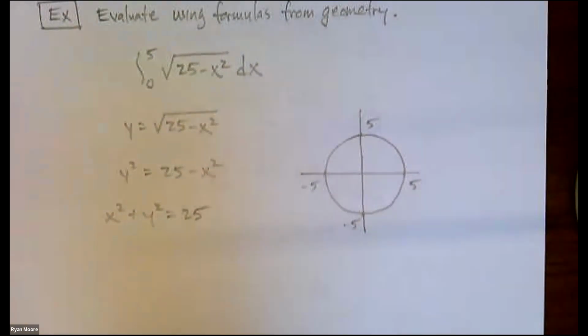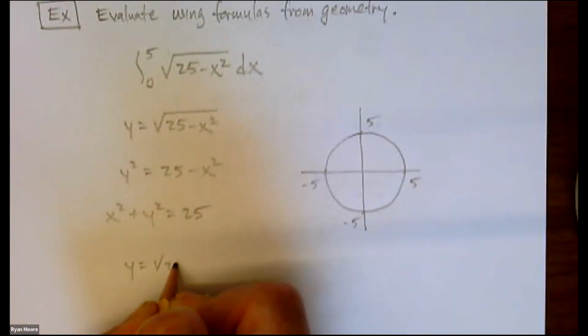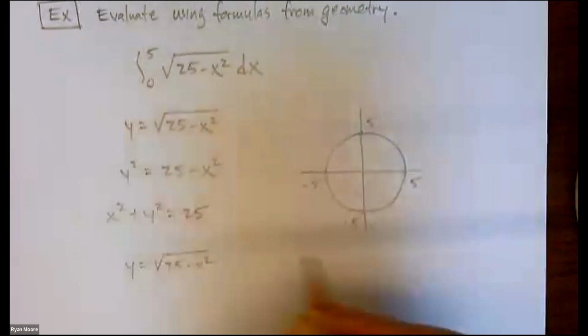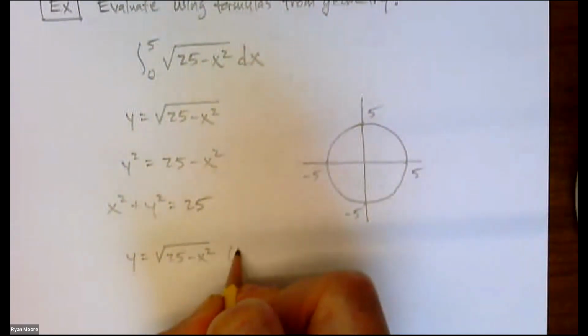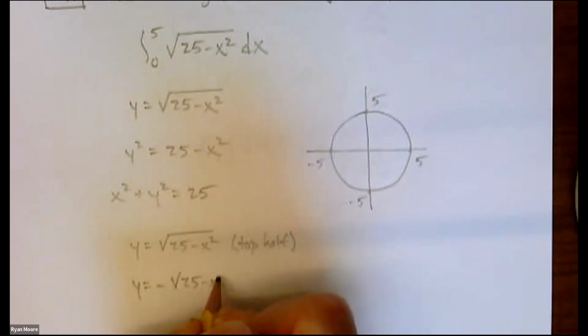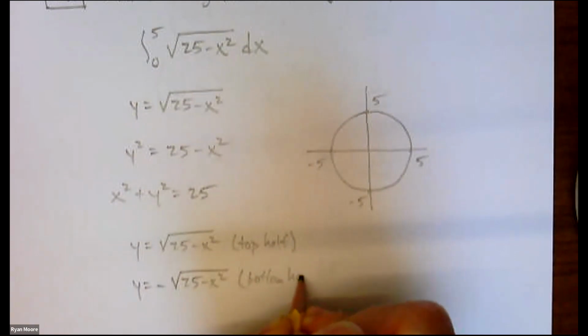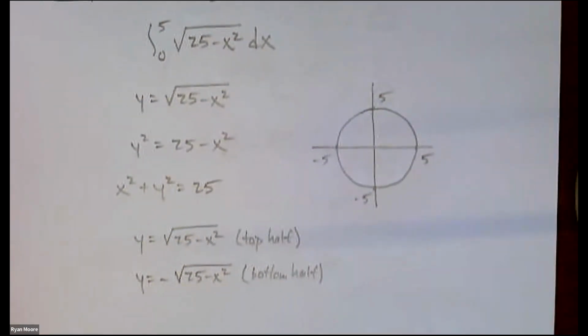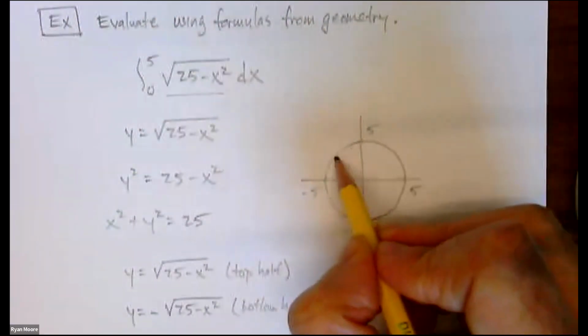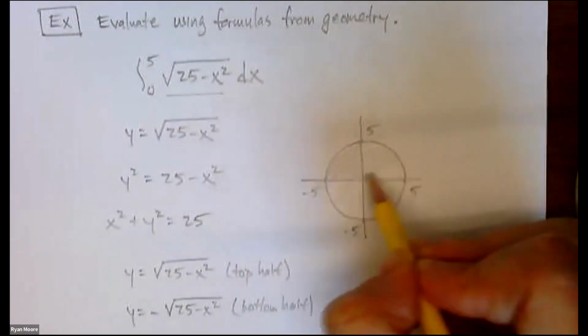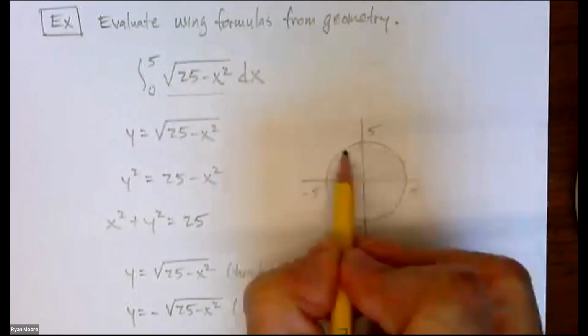What's up with that? y equals the positive square root of 25 minus x squared is the top half of the circle. It's the half where y is positive. y equals negative square root of 25 minus x squared is the bottom half of the circle, where y is negative. So when we're given this, we're only given the upper half, the positive y values.